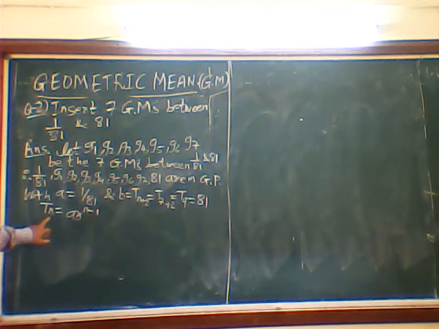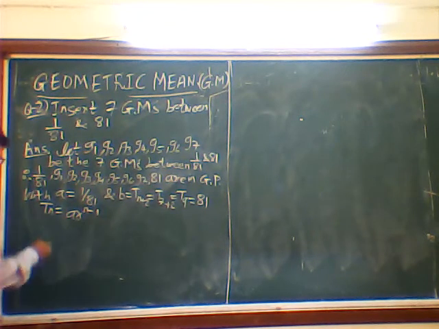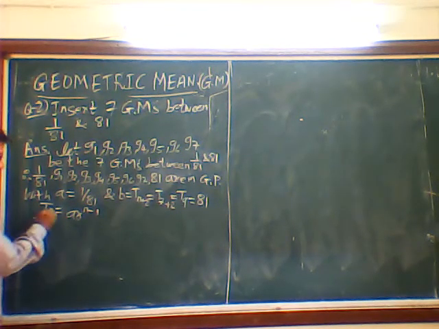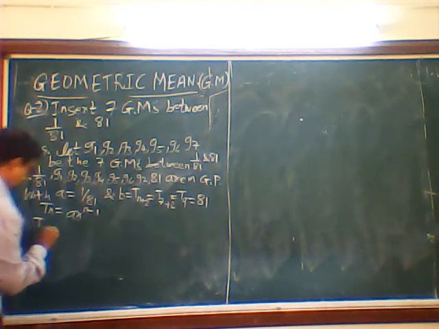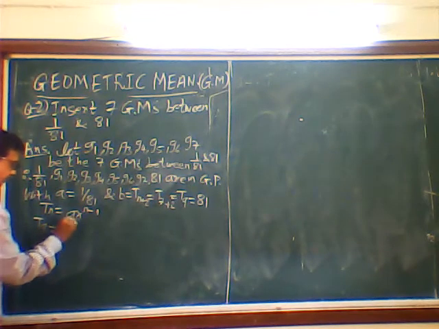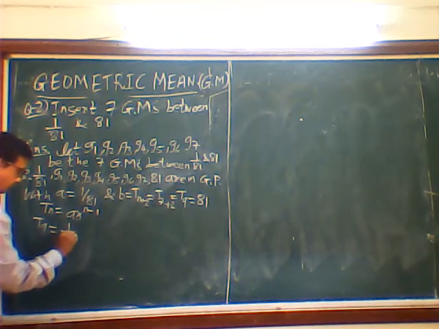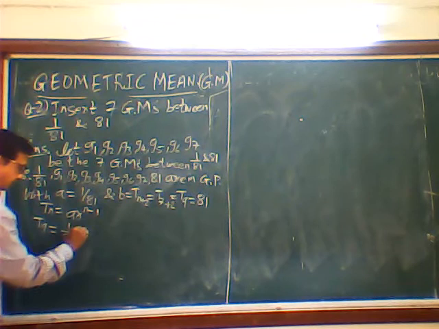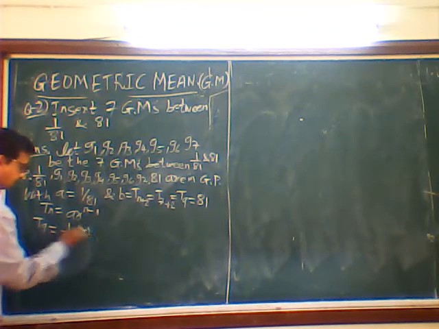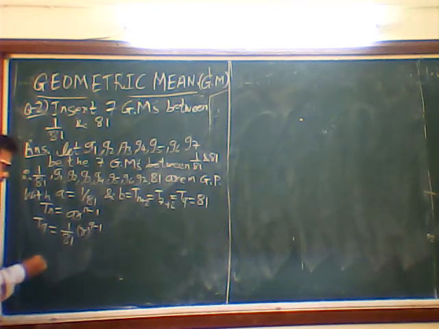In this I know Tn, that is T9. I also know A. I have to find out the R value. So n here is 9. T9. What is A? 1 upon 81. R we don't know. R raised to 9 minus 1. Okay.